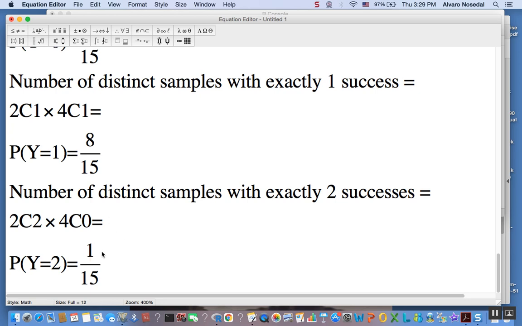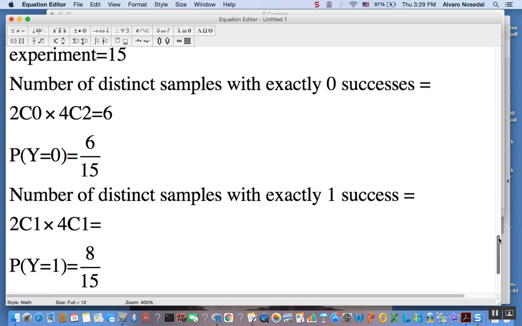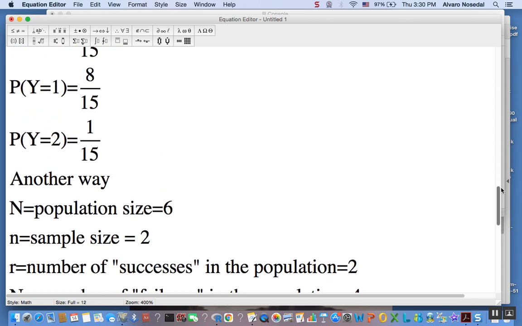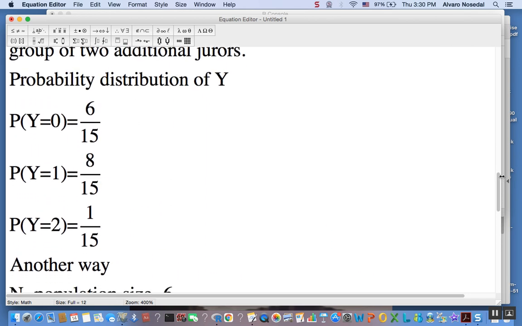Note how this matches what we did before with the other approach, constructing the sample space and counting the outcomes. Okay.